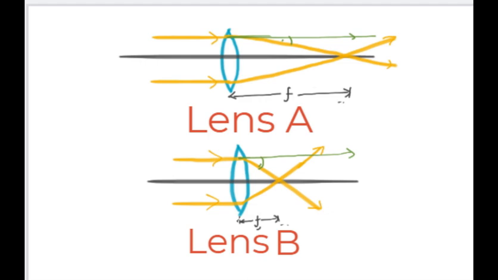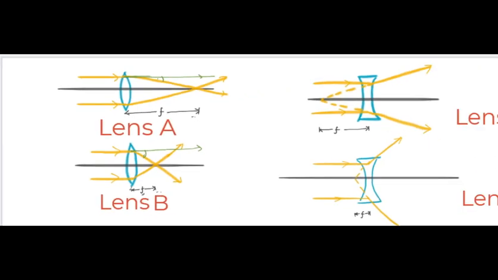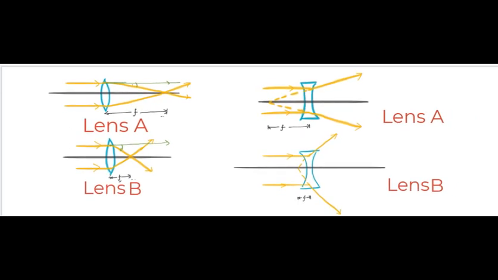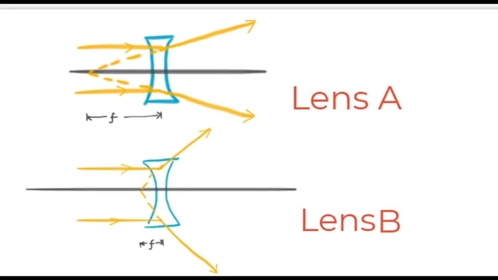Now, this is also applicable for your diverging lens, that means your concave lens. Again, compare your lens A and your lens B. In this case, the light diverges less as compared to lens B, where the light diverges more.